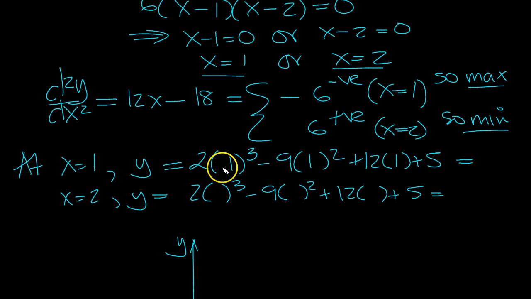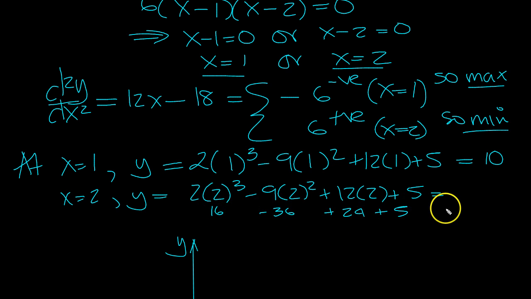So we've got 2 minus 9 plus 12. 14 take 9 is 5, plus 5 is 10. And when we put 2 in, got to be careful here, this is 16. 36 plus 24 plus 5. Minus 20 and 29. 29 take 20 is 9.